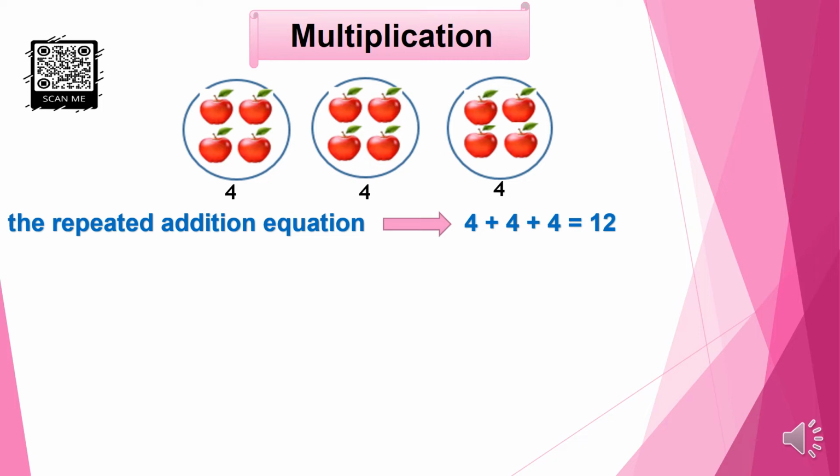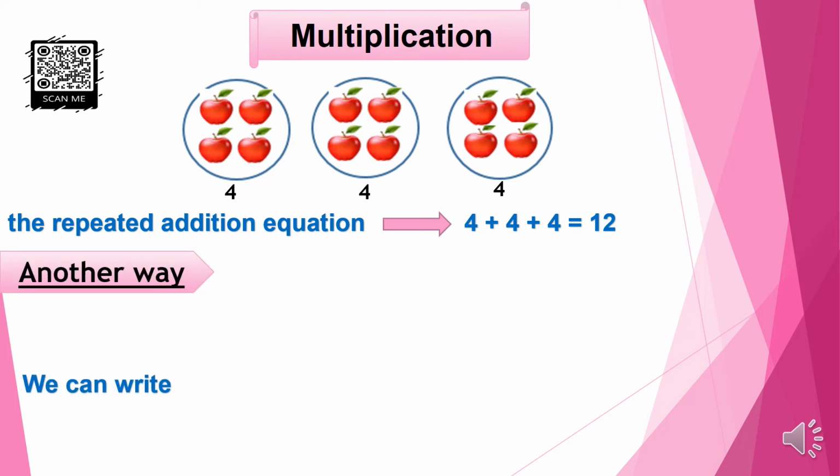Now we will use multiplication. Multiplication means here I have 4 and I repeated it. How many times I repeated it? 3 times. So 4 is repeated 3 times. How can I write it using multiplication?